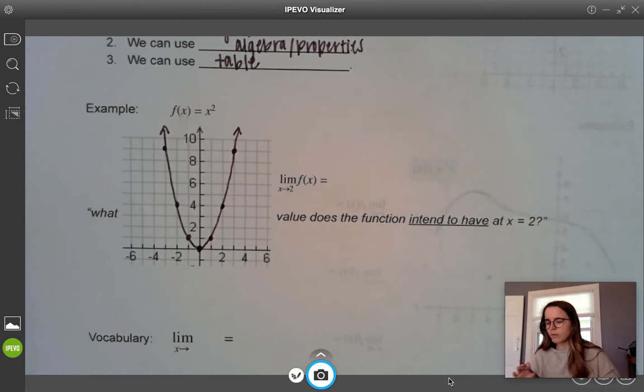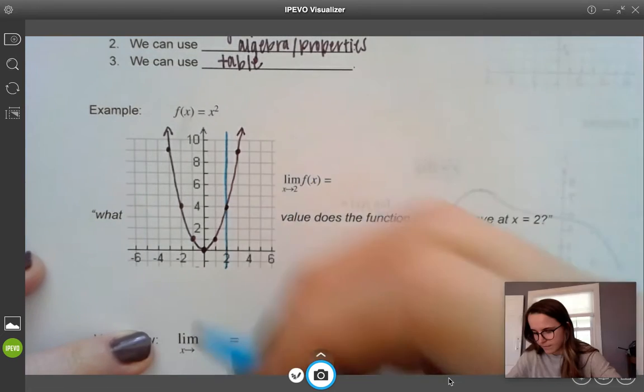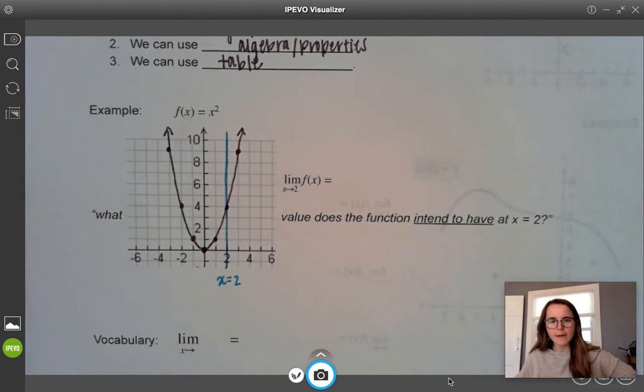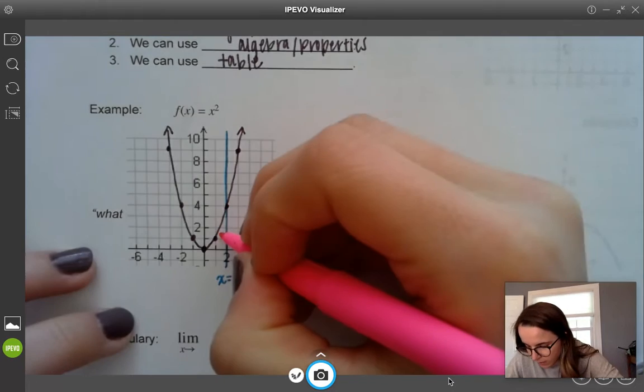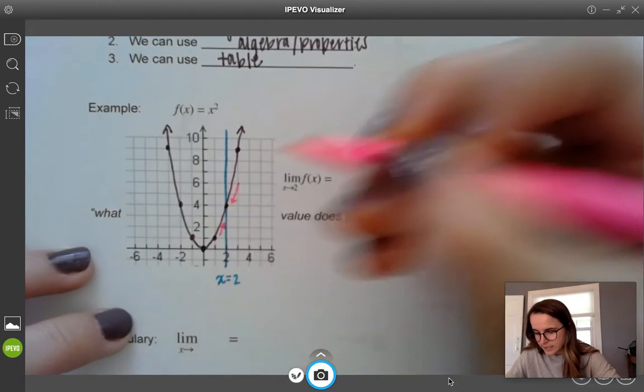So if we were to look at our graph right here, here's x equals 2. There's that line. Okay, there's a line x equals 2. And the function, you'll notice, has two sides because it goes on forever. So it's going from the left, it's approaching 4, and from the right, it's approaching 4.